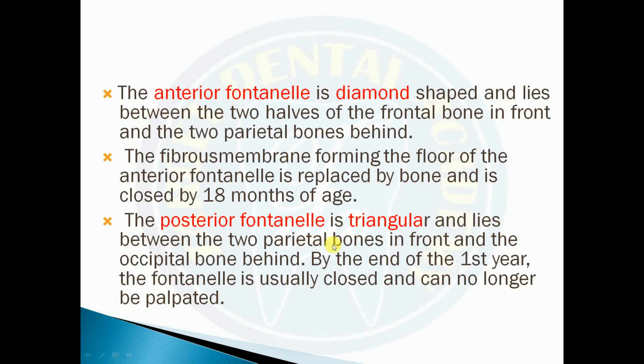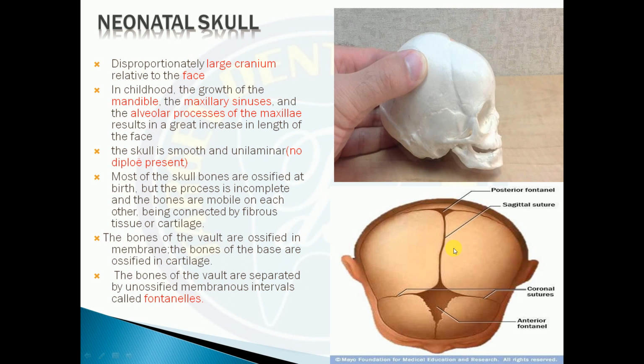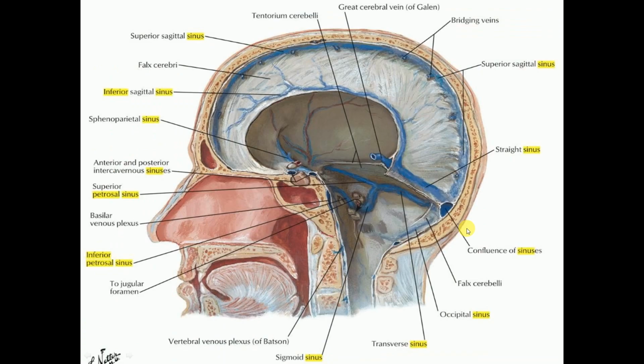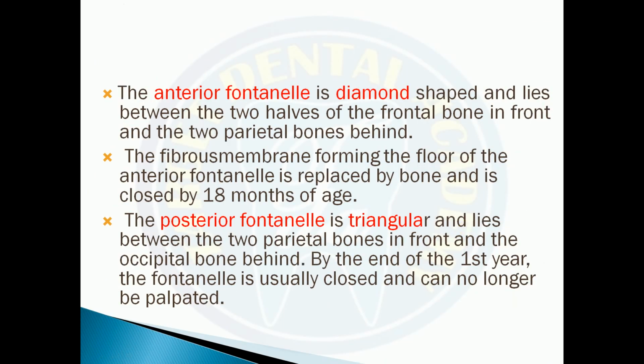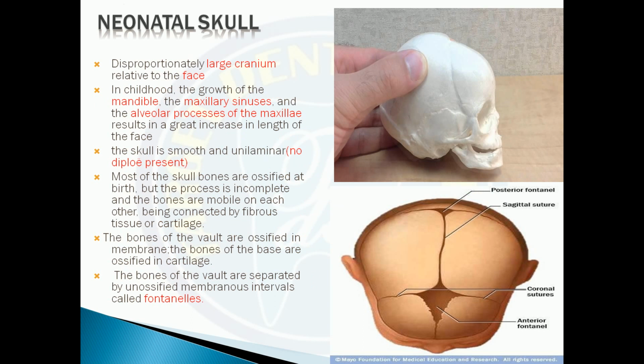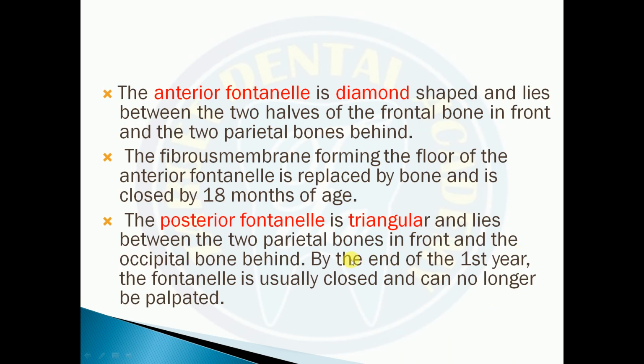The posterior fontanelle lies between the two parietal bones in front and the occipital bone behind. By the end of the first year, the fontanelle is usually closed and can no longer be palpated.